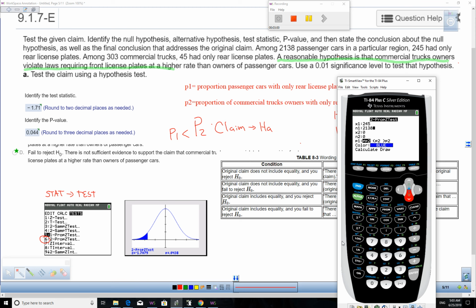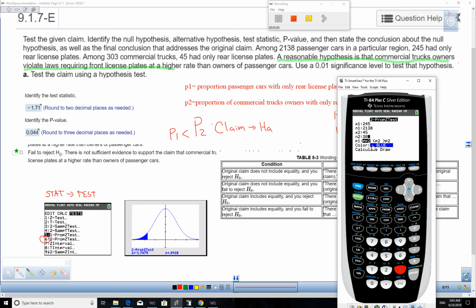For x2, which is for P2, the number of trucks that have only rear license plates, it's going to be 45, out of 303. That's what is in the sample.